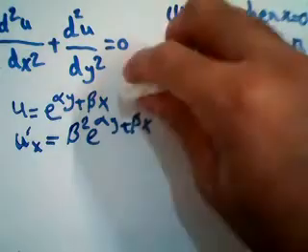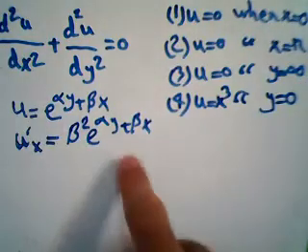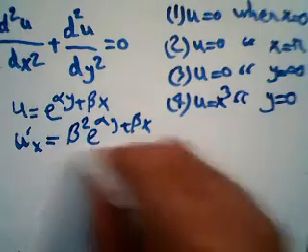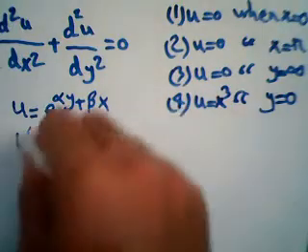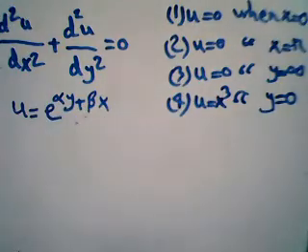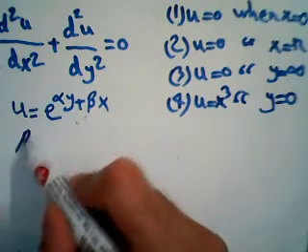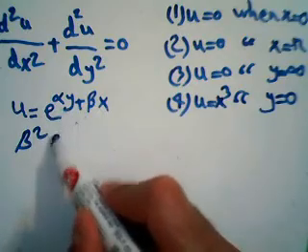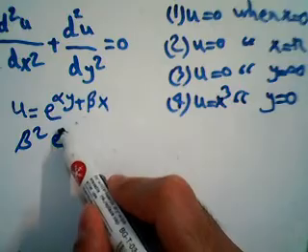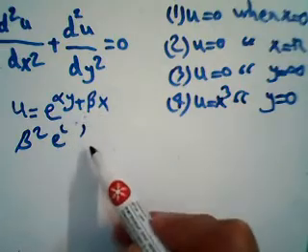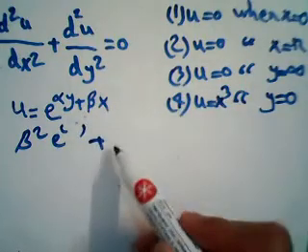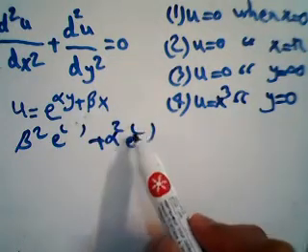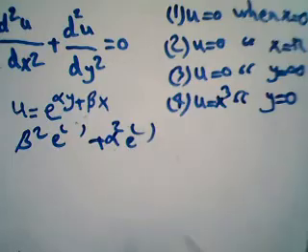Okay, so this would be beta squared times this, plus alpha squared e to the alpha y plus beta x.